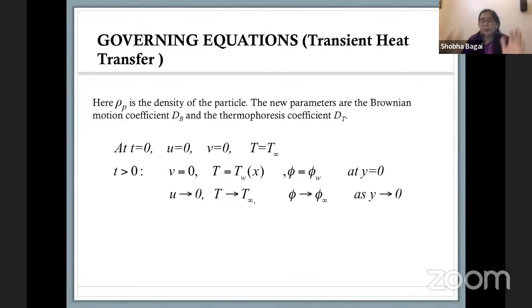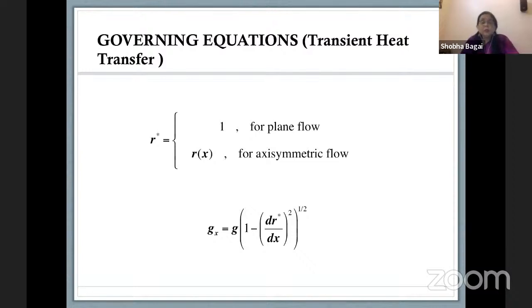When you have a certain object immersed in a porous medium, and we are considering that those fluids are non-Newtonian fluids, the shape parameter of the object is defined as follows. For a plane flow, that means if you have a vertical plate or a horizontal cylinder, that is one.